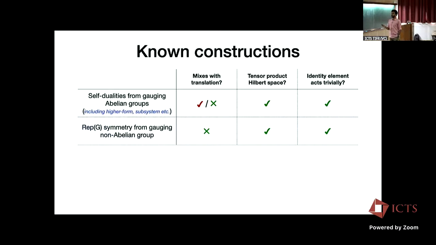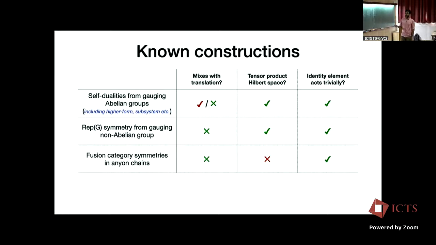It acts on a tensor product Hilbert space. Identity acts trivially. So this is the nicest type of symmetries that you can have. It's a completely internal non-invertible symmetry. There's no mixing with lattice symmetry. It acts on a tensor product Hilbert space. Then there are the anyon chain constructions, which already give up the tensor product Hilbert space, but it doesn't mix with translation. So that's a trade-off between the two.